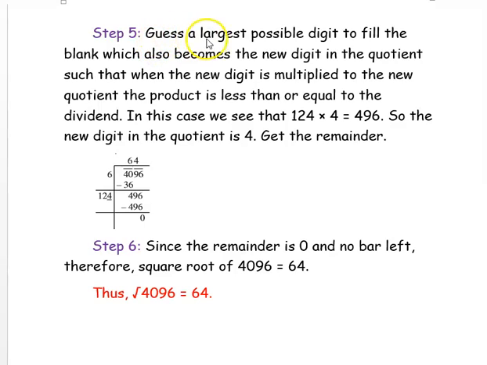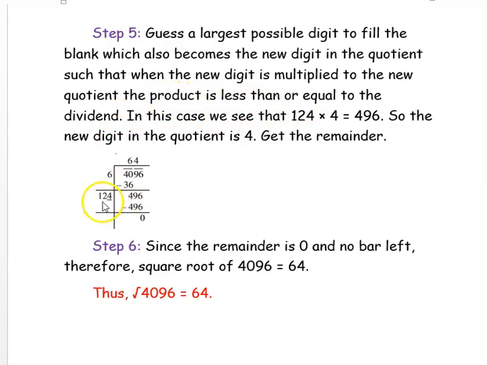Then the fifth step is to guess the largest possible digit to fill the blank, which also becomes the new digit in the quotient. The same digit will be the new digit in the quotient also, such that when the new number is multiplied by the new digit, the product is less than or equal to the dividend.